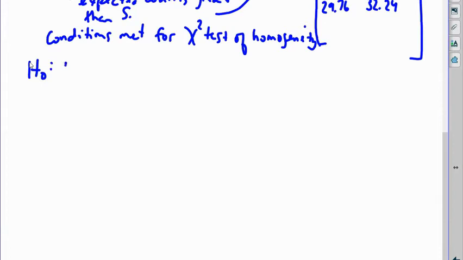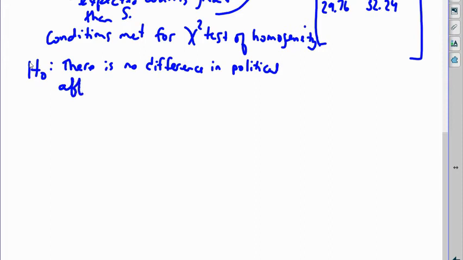So there is no difference in political affiliation based on phone service type.